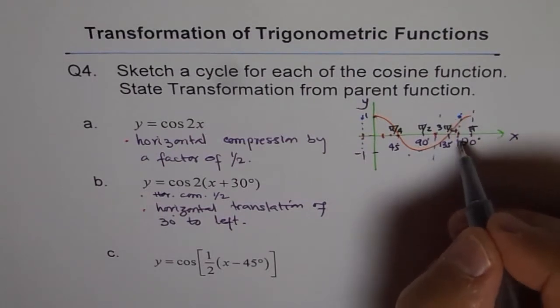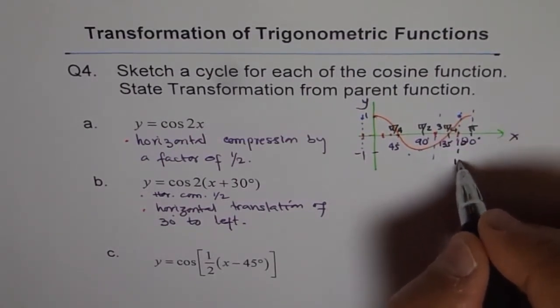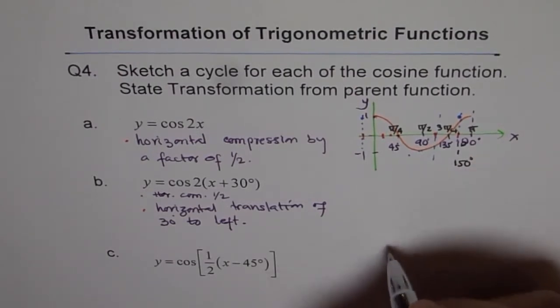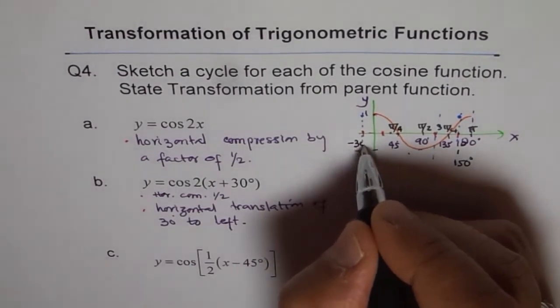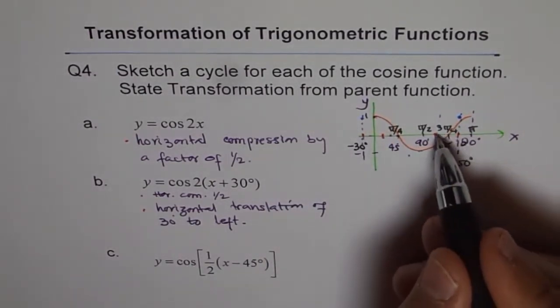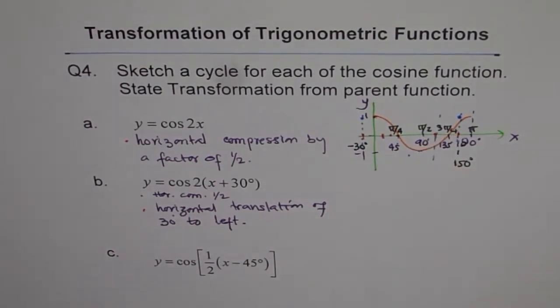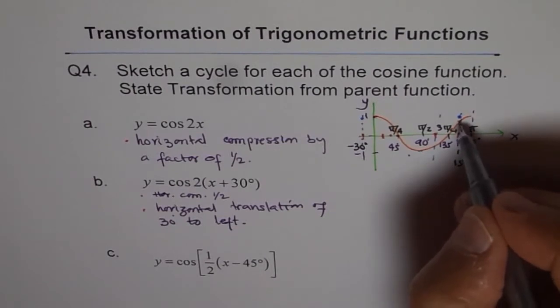That means at 150 we are going to land. So our end point will be here at 150 degrees. When you draw a new graph, you can do that. And it will start at minus 30 degrees. That is our first point. So every point shifts 30 degrees to the left, giving us a clear picture like this.